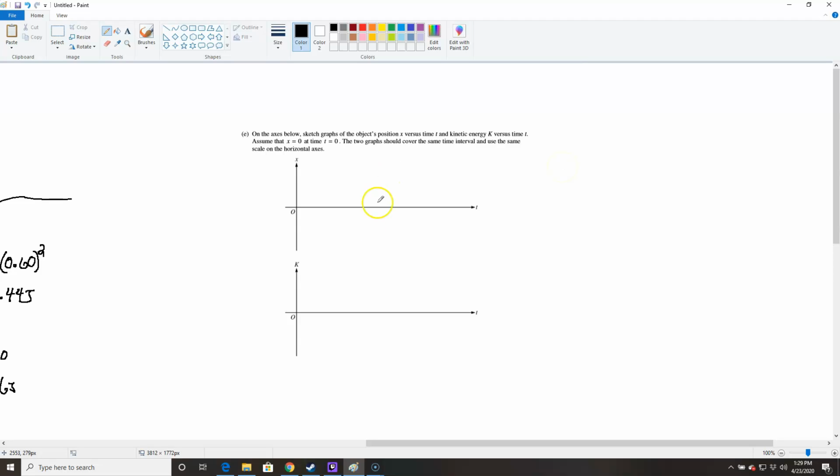We are told that at time 0, the initial position is 0. The two graphs need to cover the same time interval, so that means our t-values have to line up together.